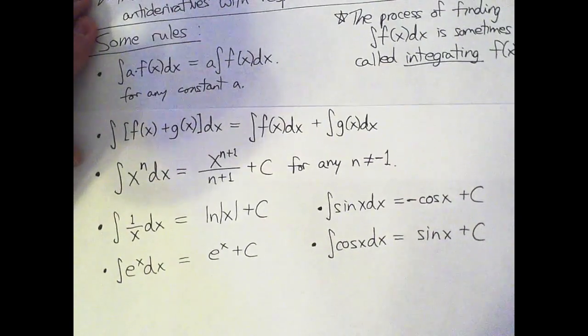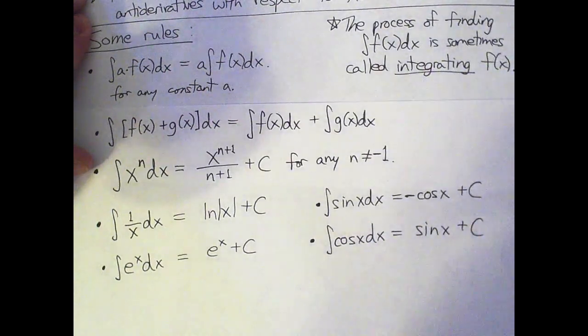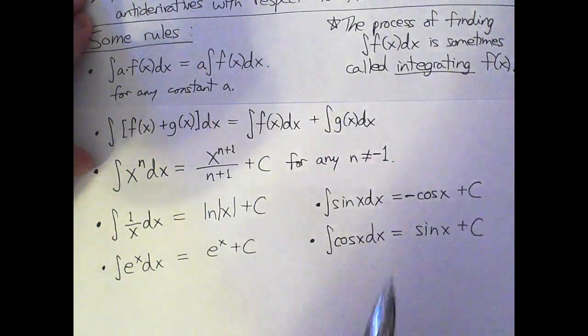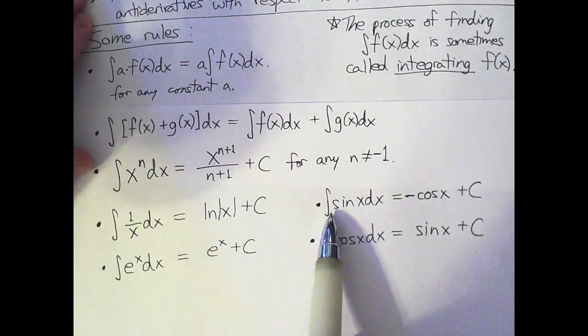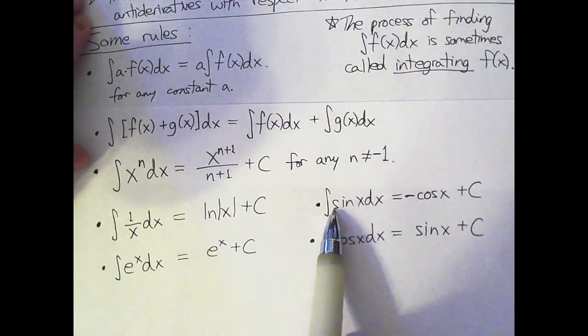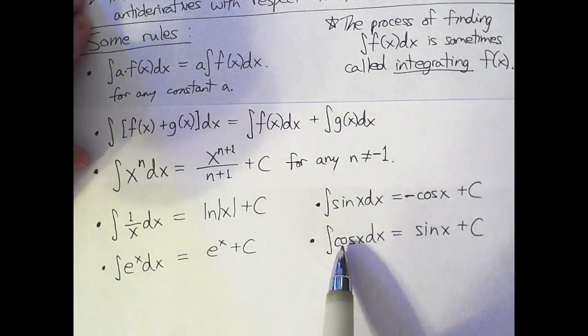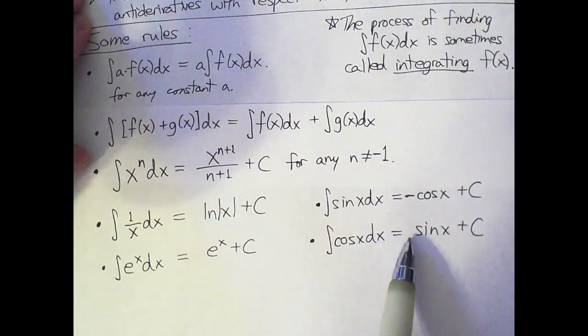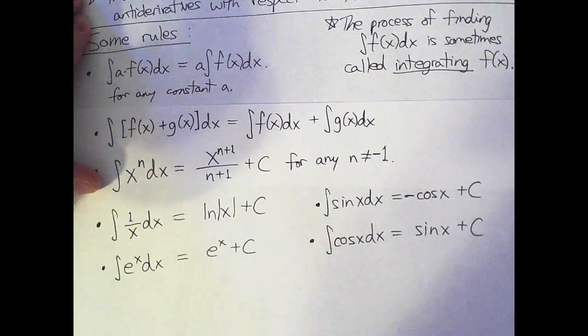Because when we take derivatives of them, we always had to think about which one is positive and which one is negative, but this time it's kind of reversed. The indefinite integral of sine x now has a minus sign in front of the answer, and the indefinite integral of cosine x does not have a minus sign in the answer. So it seems reversed from what we're used to, but that's because we're doing antiderivatives. So it makes sense that it's reversed.